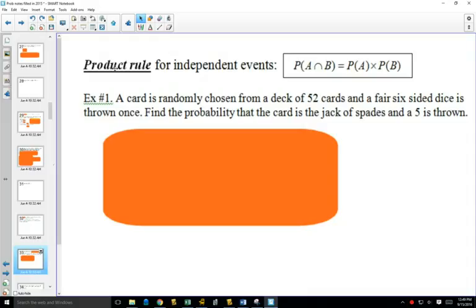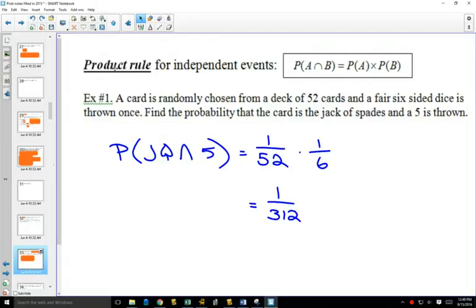So now we're going to say, well, let's use our formula. I know that the probability of the jack of spades is only 1 out of 52. The probability of throwing a 5, 1 out of 6. And so the total probability of both of those happening is 1 out of 312.